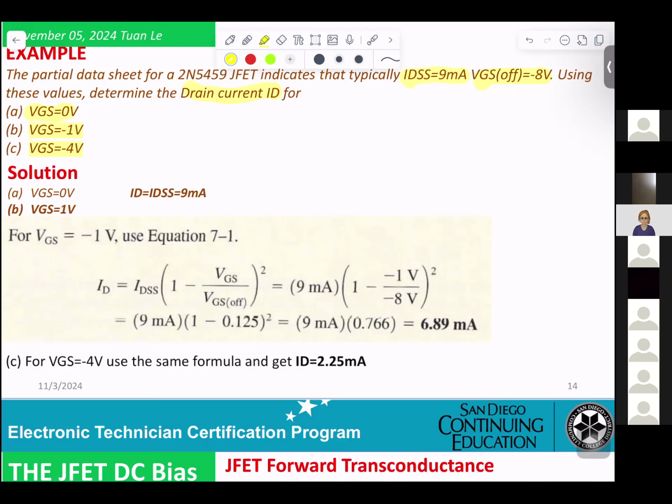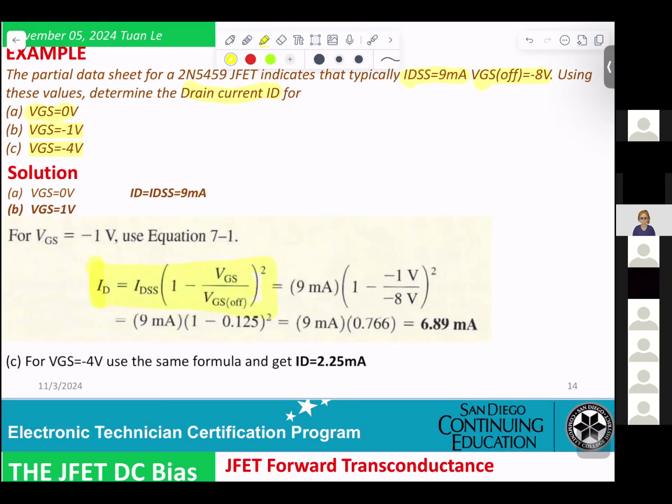Number 2, they given VGS equal -1 volt, and you want to calculate the ID. Now, what you have to do, okay, using this formula, try to see how they do calculation.